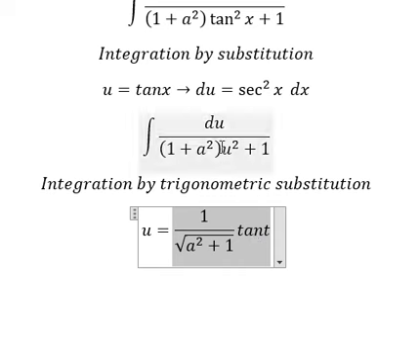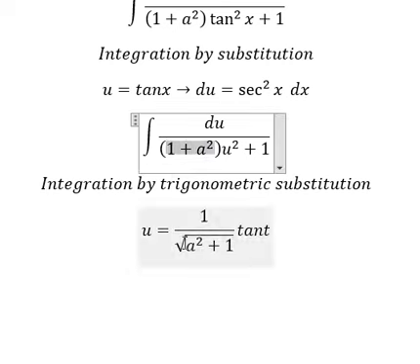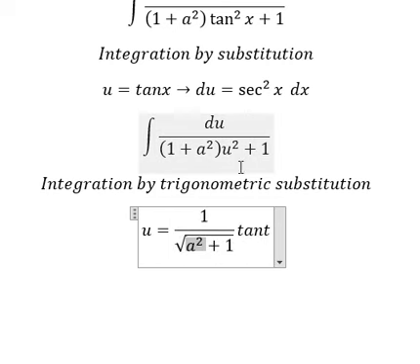Because if I put this one in here, we have 1 over a squared plus 1 tan t squared. This one and this one we cancel. Tan t squared plus 1 we change for secant of t squared, and after that we simplify by du.